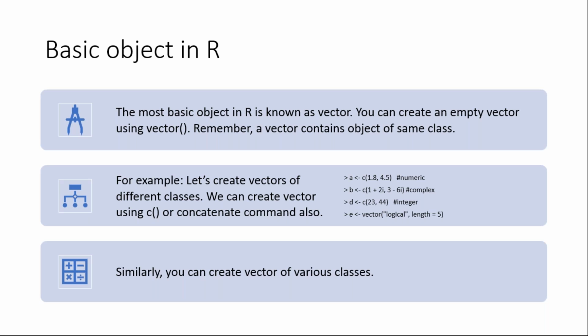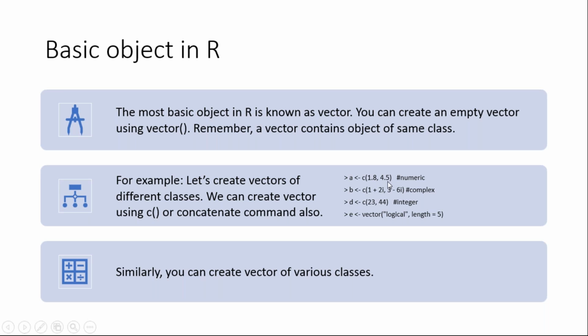So the short of combine is C. Here we are storing numeric values, float values having decimal values, 1.8 and 4.5. And C combines these two into a vector called A. Now A is a vector that consists of two values, one is 1.8 and another one is 4.5.